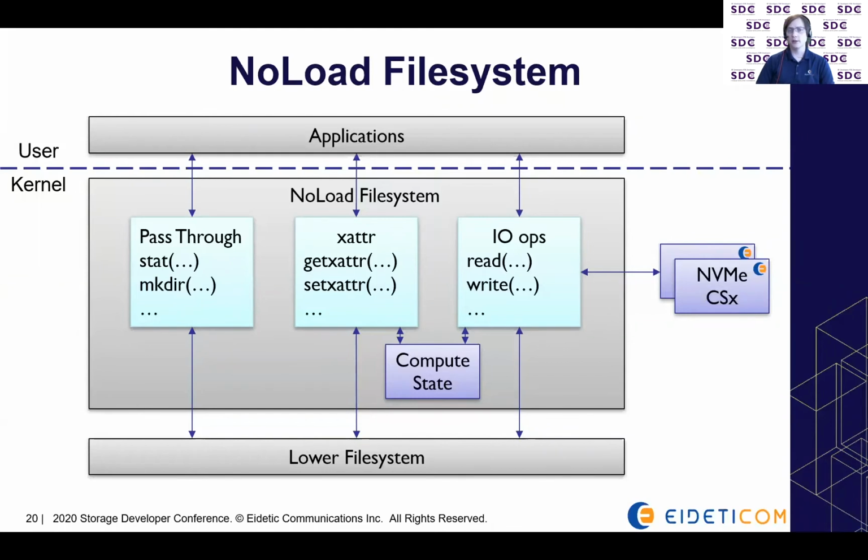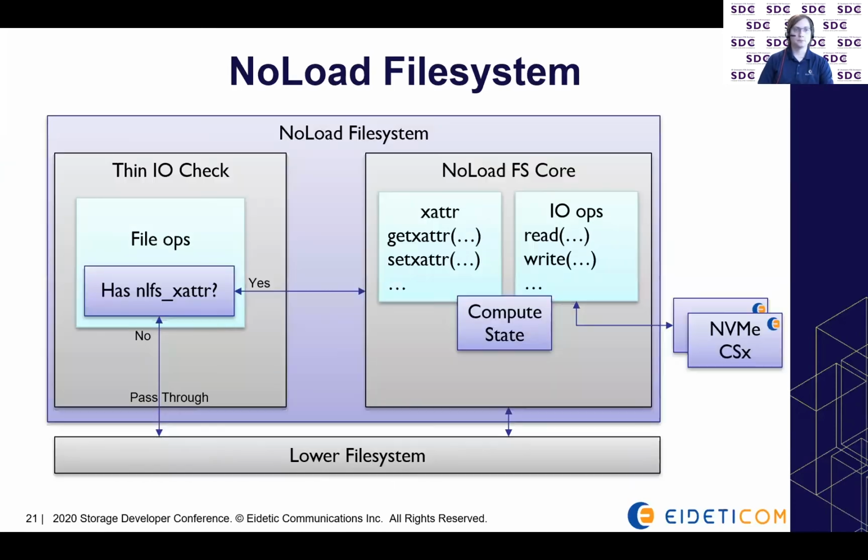Of course, the read and write operations are the operations of interest that need to be passed on to a computational storage device. And then for per file optimizations or NLFS specific information, we use the built-in X attribute interface in Linux, an existing way of accessing file system specific data.